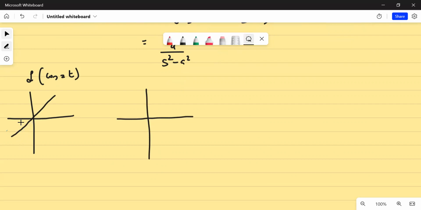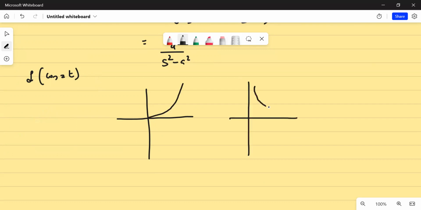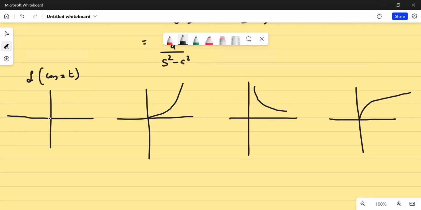Let's say this is option 1, this is 2, this is 3, and let's say this is option number 4. So this is a question for you, try to do it.